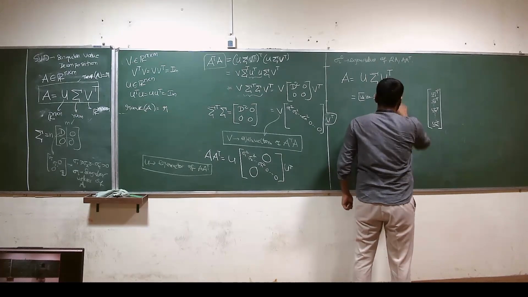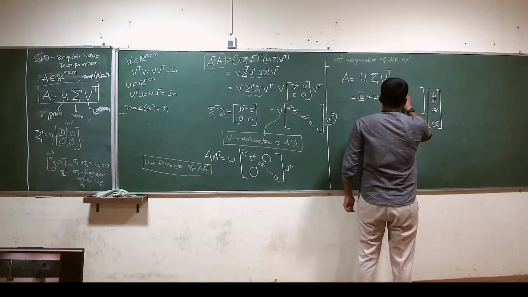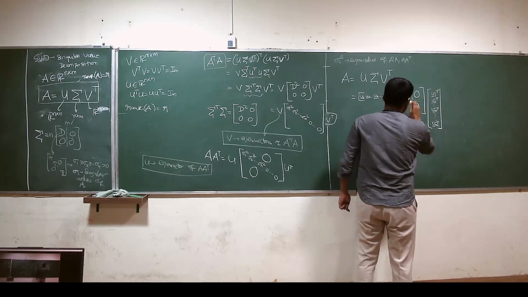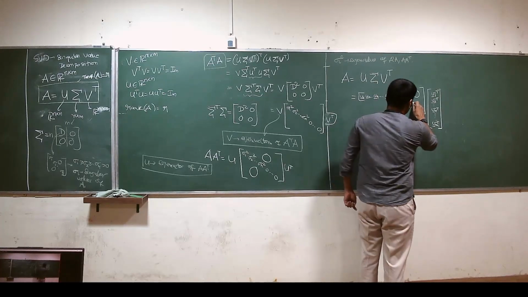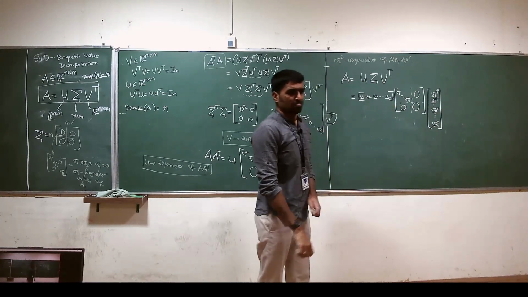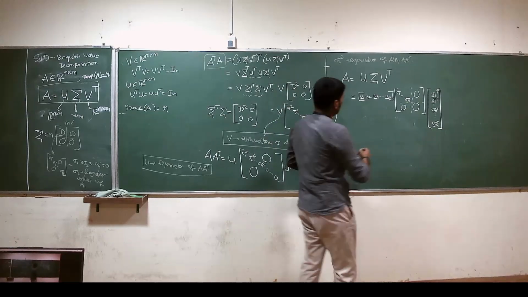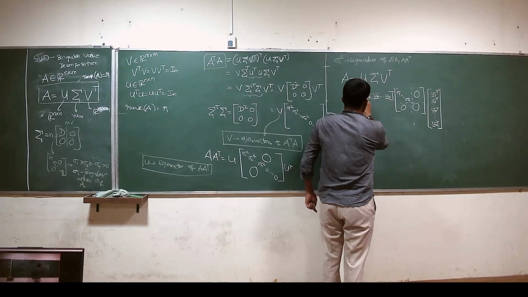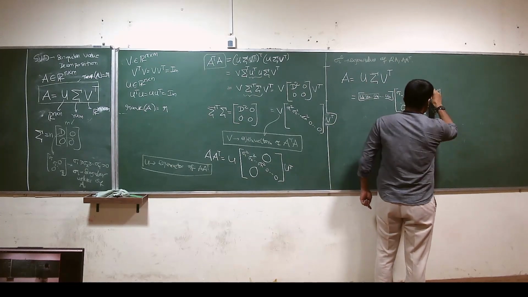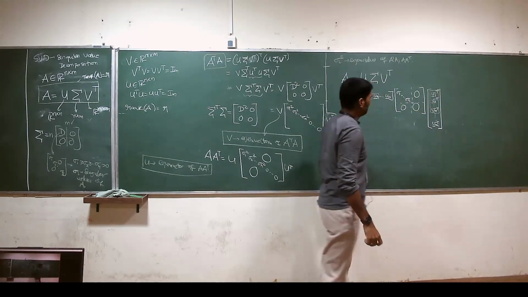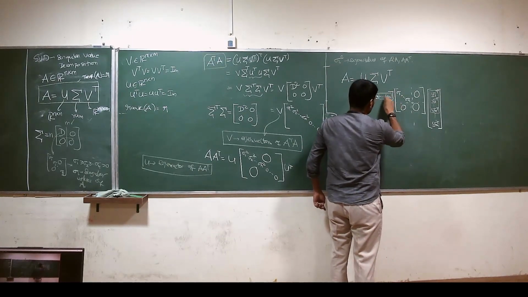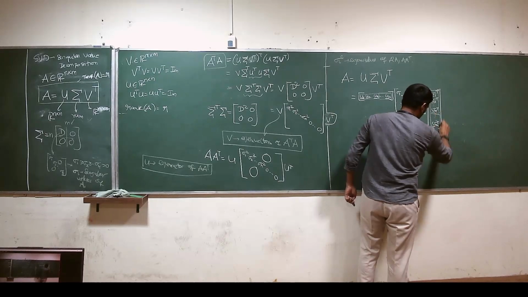Okay. And then here you have sigma 1, sigma R, 0, 0, 0. When you write it like this, right, it turns out this section and this section and the remaining section, this and this.